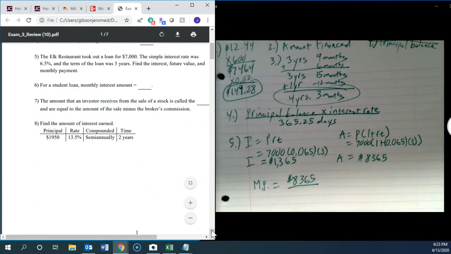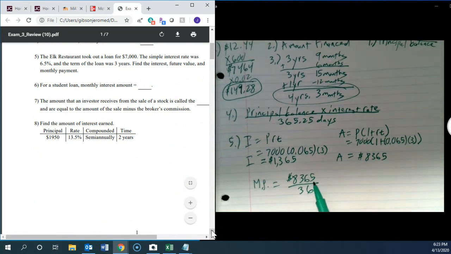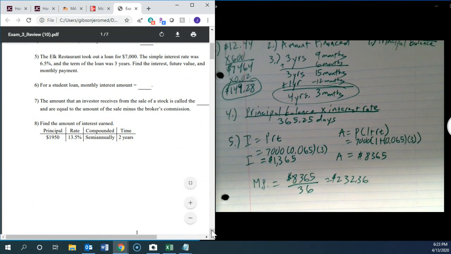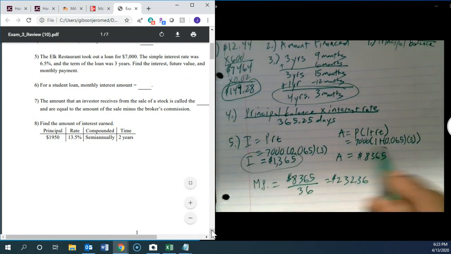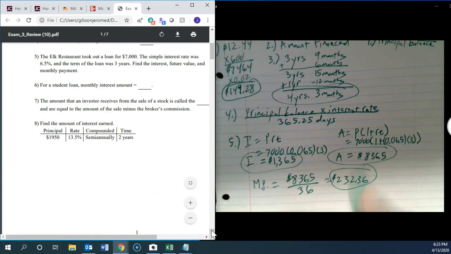So in 3 years, there are 36 months. So we would take the 8,365 and divide it by 36. And that would give us $232.36, and that will be your monthly payment. So this is your interest, the future value, your monthly payment. So those are the three answers for problem number 5.